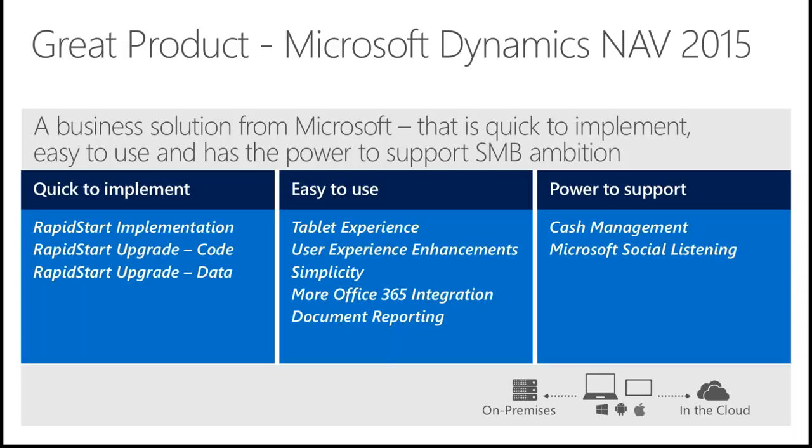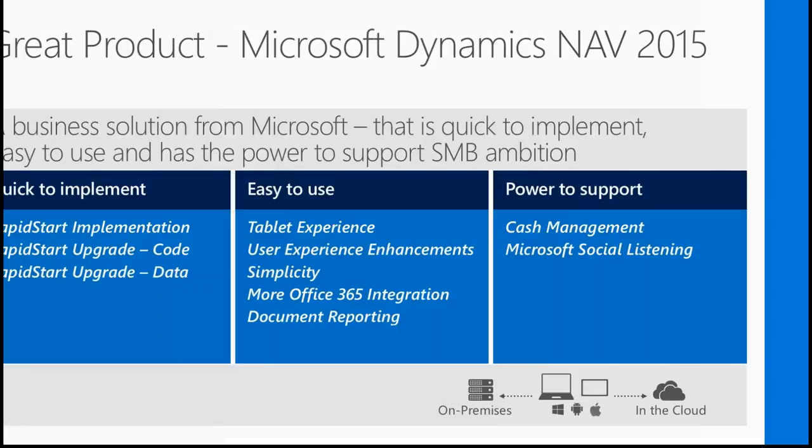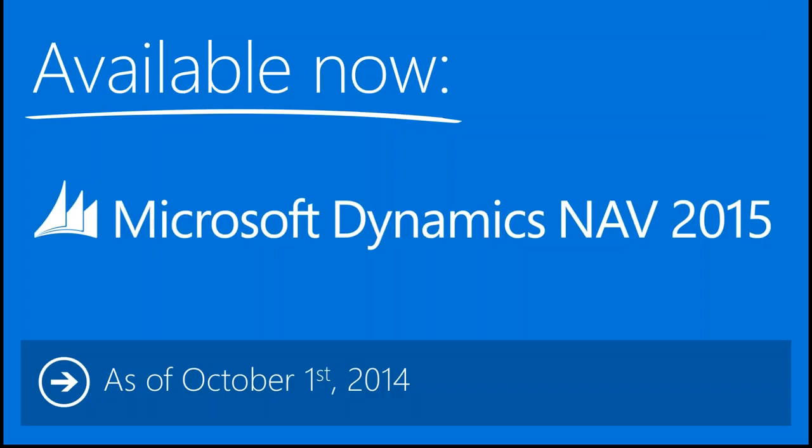And just as note, we're 9 months into the release of NAV 2015. It was released on October the 1st of 2014. Today, currently, NAV 2015 is on cumulative update number 8. Those of you that aren't familiar with cumulative updates, we implemented those back in 2013.